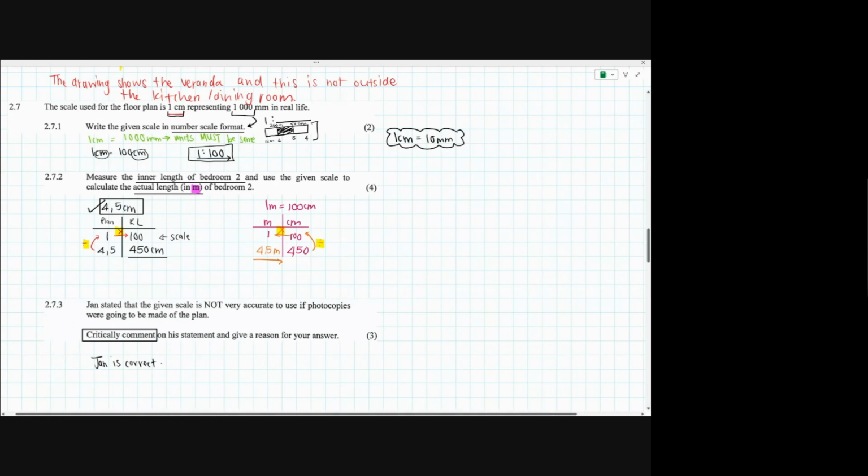And it's exactly what Atia has just said. When you make a photocopy, the size might change. Obviously, again, full sentences. So you would say, when a photocopy is made, the size might change, which means your scale is no longer valid.